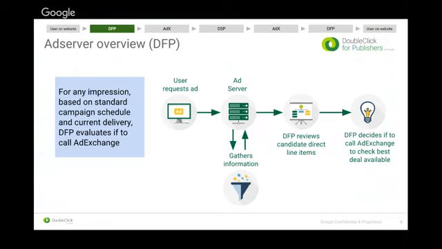If they don't suffer from any type of delivery issue, then we're going to call ad exchange to understand among all the buyers what's the best deal available for the yield of the publisher.